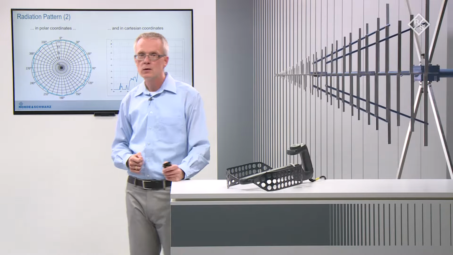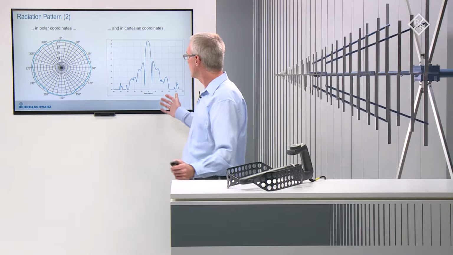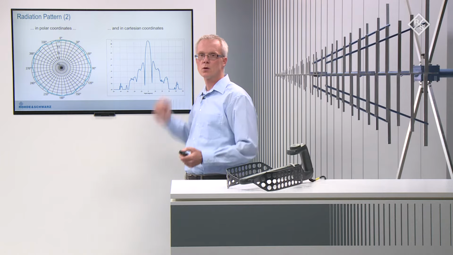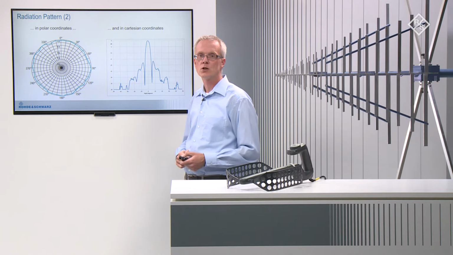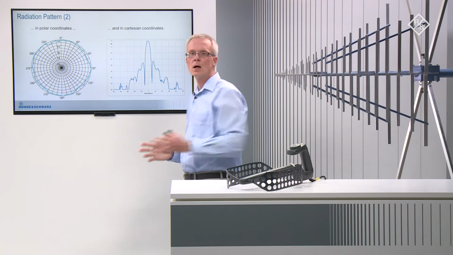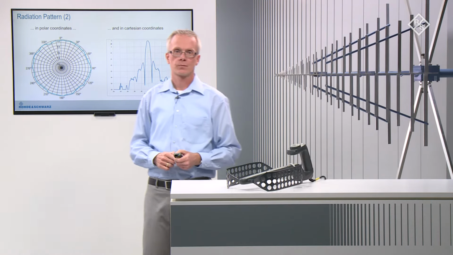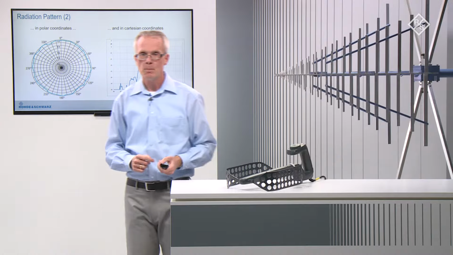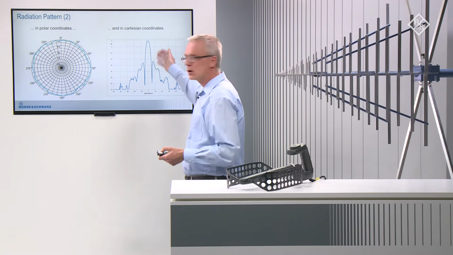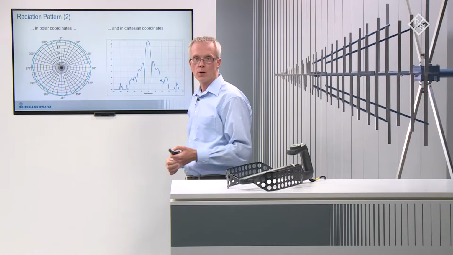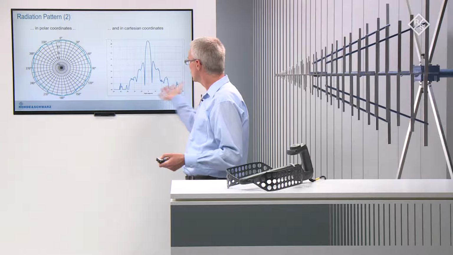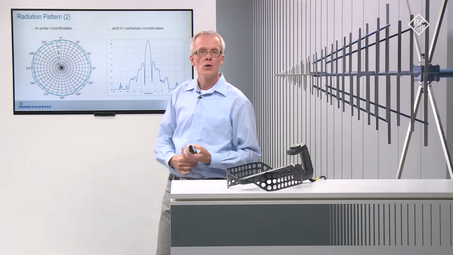For highly directive antennas, it may be advantageous to use Cartesian coordinates in order to display just a fraction of the antenna angular range. In the example, the main lobe and the adjacent side lobes of a parabolic reflector antenna are shown with much more detail than would be possible with polar coordinates.